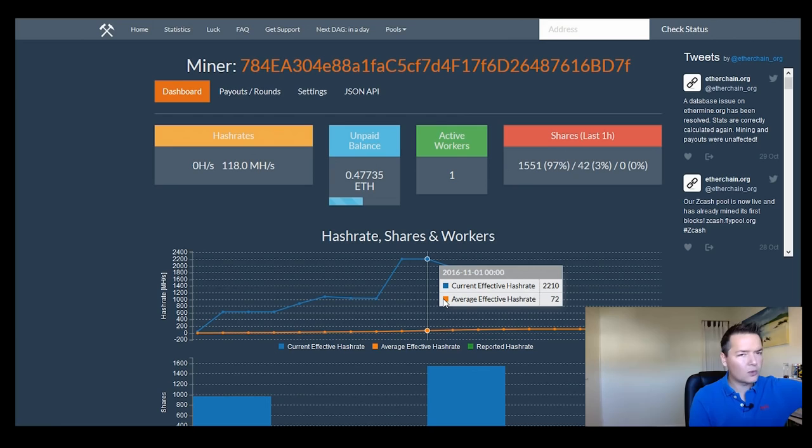Just to do some quick calculations, on my RX 470s I get 28 megahashes per second. So if we took 2,210 megahashes and divided that by 28, we would need 78.9 RX 470s. So quite a significant investment you would need to get started.